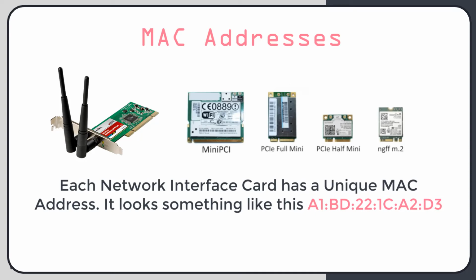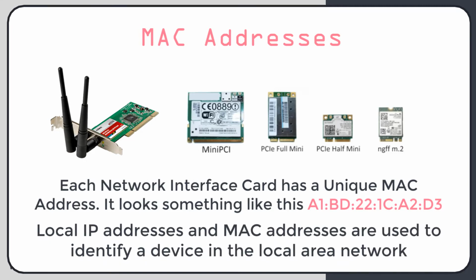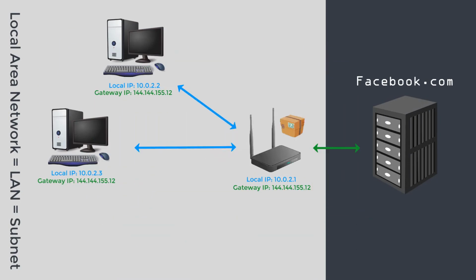Thus, MAC addresses are unique to every existing network interface card. According to the plan, no two network interface cards in the world have the same MAC address. Together with IP addresses, MAC addresses serve as identifiers in the local area network. The router and every other device in the local area network know the MAC addresses of all other devices in the same local area network.